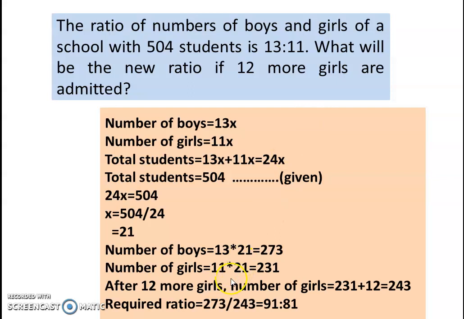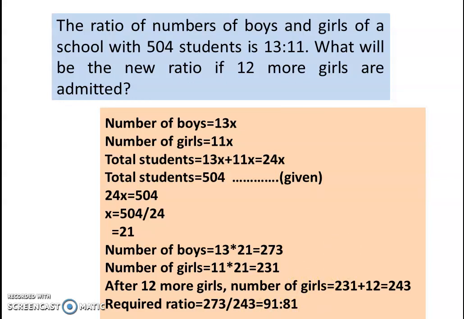Now number of girls will be 231 plus 12. So number of girls will be 243. So new ratio will be 273 divided by 243, and after simplification it will be equal to 91:81. So this is the new ratio after 12 more girls are admitted, right?